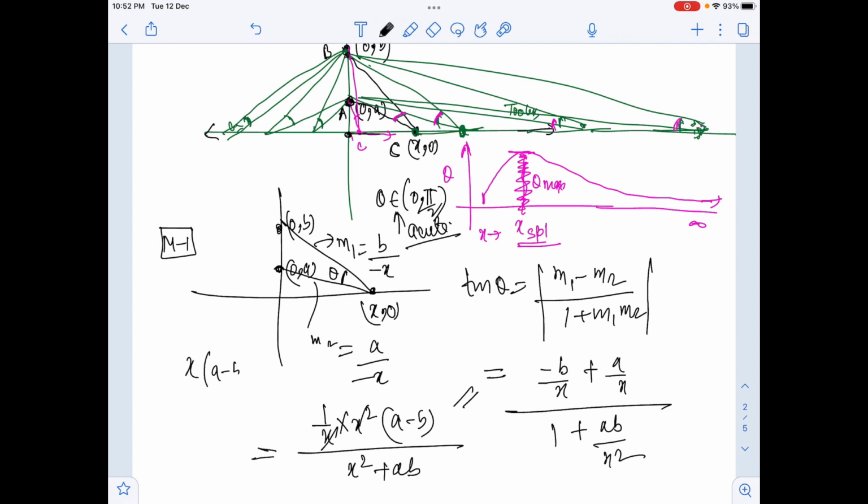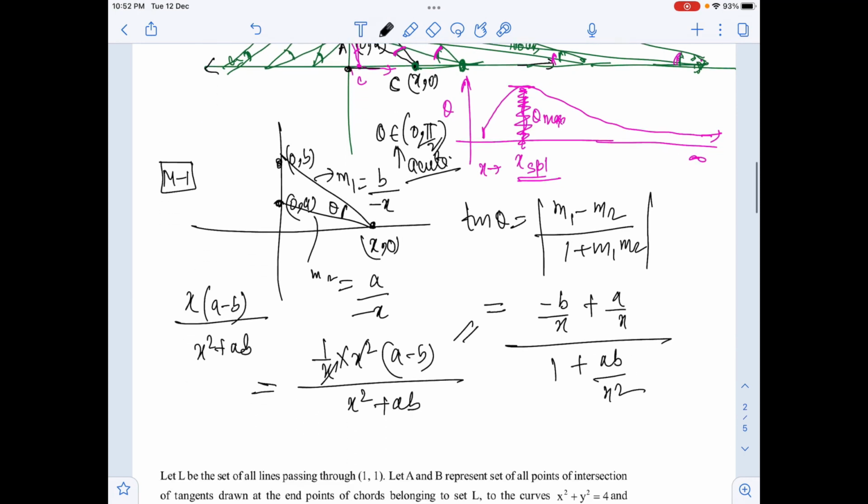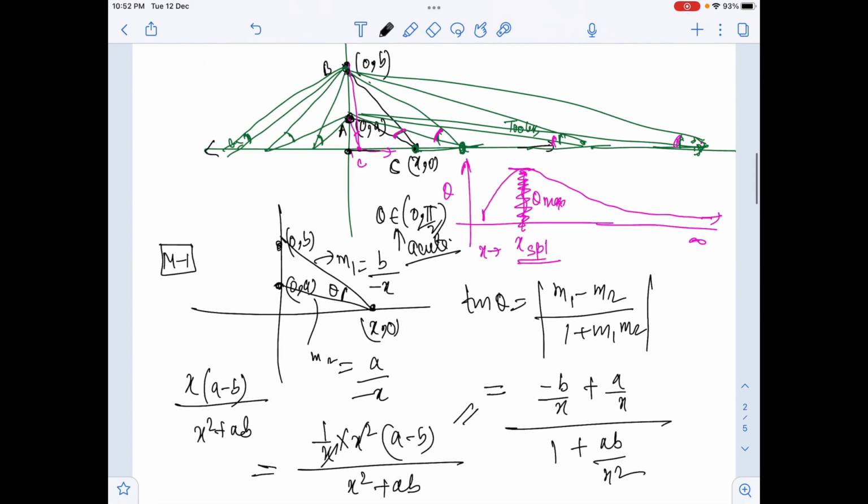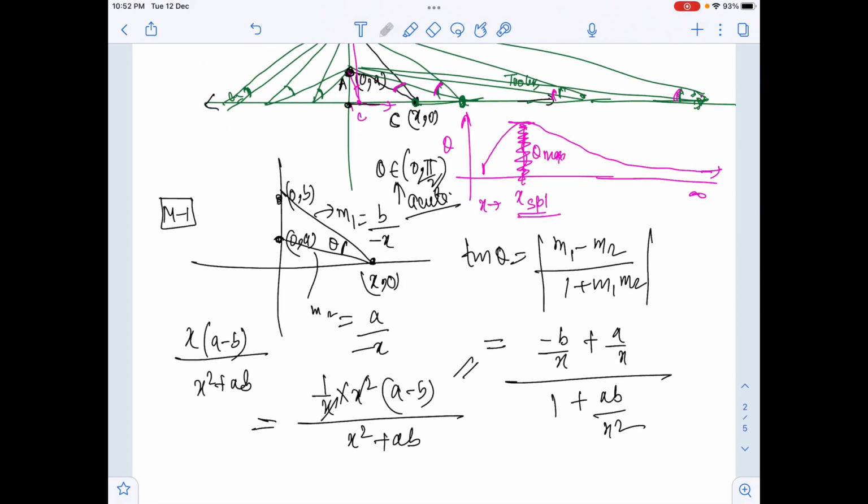So x cancels, hence we have the expression as x times a minus b by x square plus ab. Is this clear? Very good.